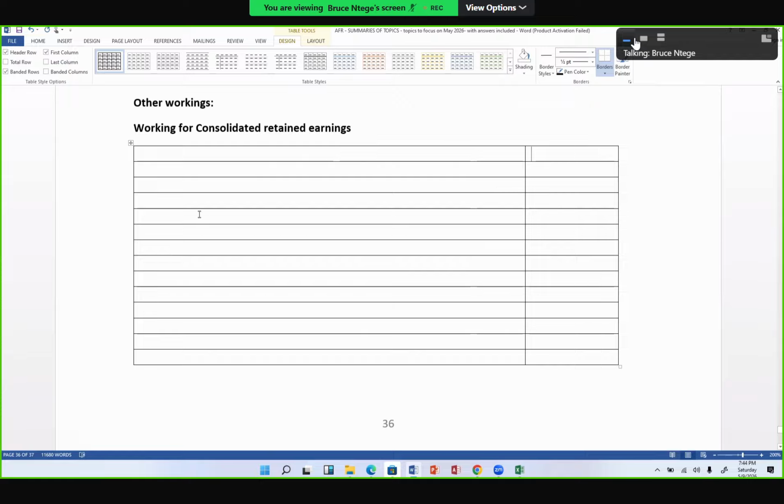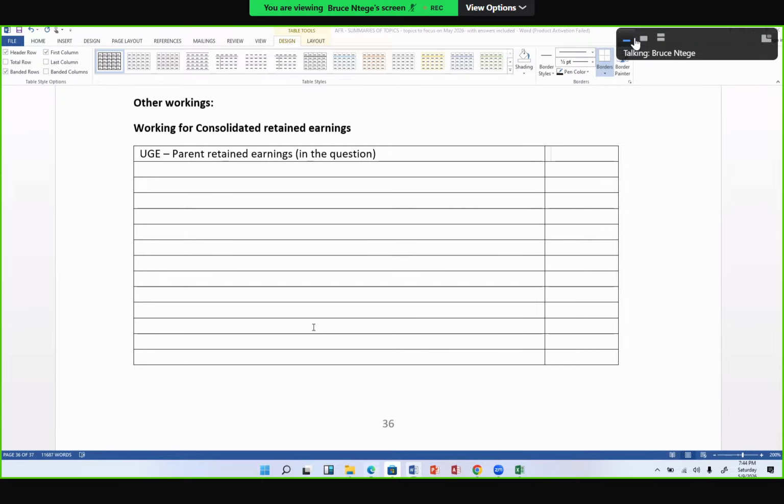It means that I'm going to first bring the parent's retained earnings. Always, the parent's retained earnings will be the first figure for the consolidated retained earnings. The parent is UGE. The parent's retained earnings are in the balance sheet in the question, so let me go to the balance sheet and see how much it is.